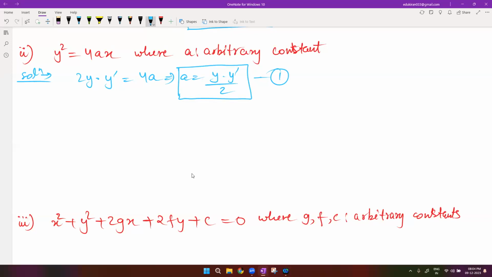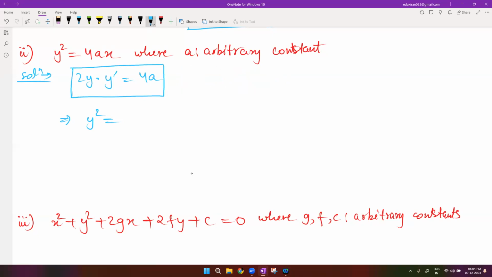Put this in y square is equal to 4x. We didn't even need to calculate a. We could have directly calculated 4a only. Now the value of 4a we know, so use this in y square is equal to 4a.